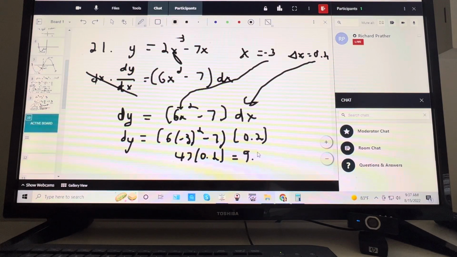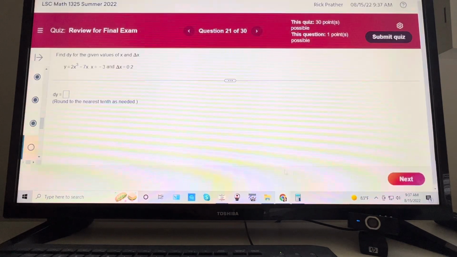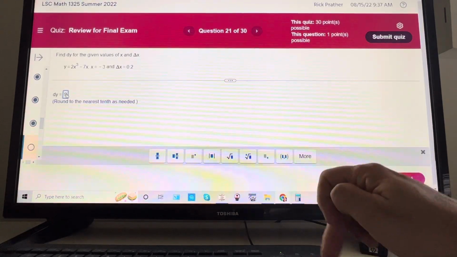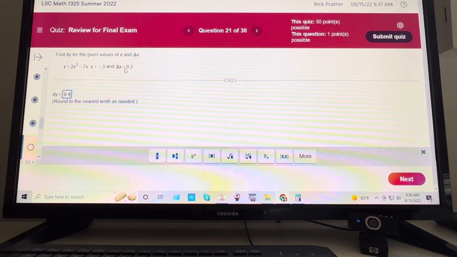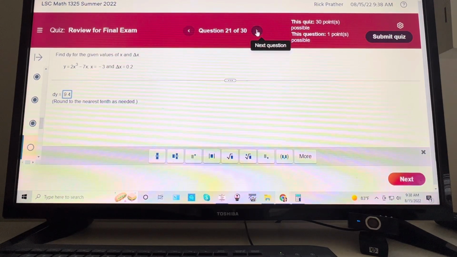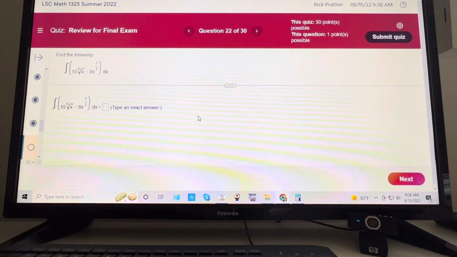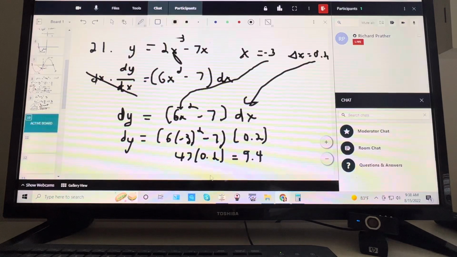It came out exactly to 9.4. So if you change an x by a value of 0.2, like say you move from negative 3 to negative 2.8, which changes it by 0.2, then the y would change by 9.4 when you do that. That's what the dy is representing, the change in y for a given change in x.